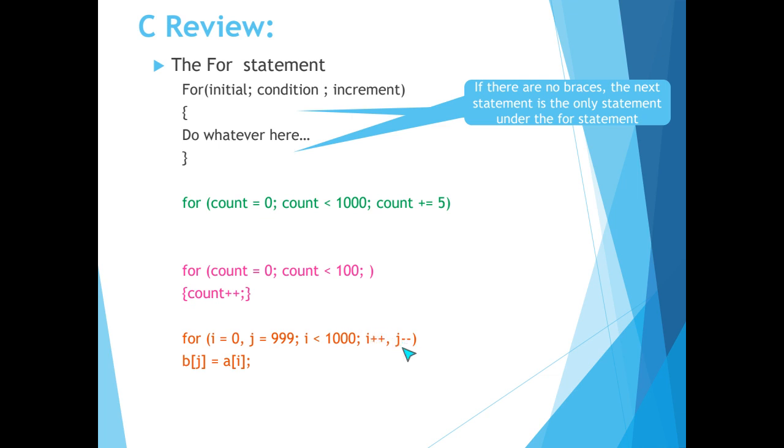I explained the meaning of these operators in the previous session. Then close the parentheses and write the body of the for structure: B[J] equals A[I], and semicolon. As you see, I didn't use curly braces for this one because it is only one statement and it's not required. However, if you use them, it's also correct. But if it is more than one statement, then we should use curly braces.